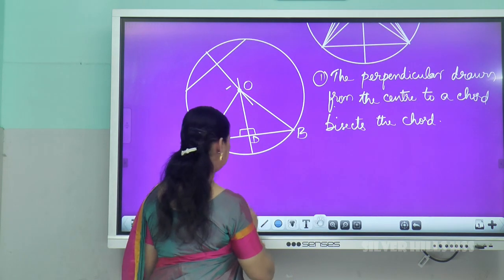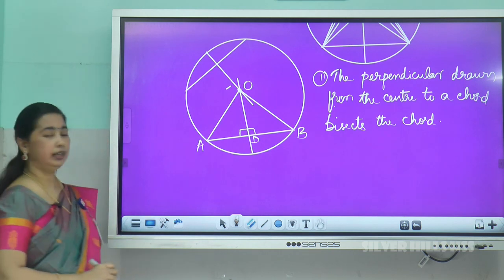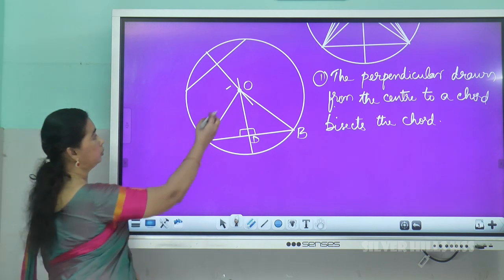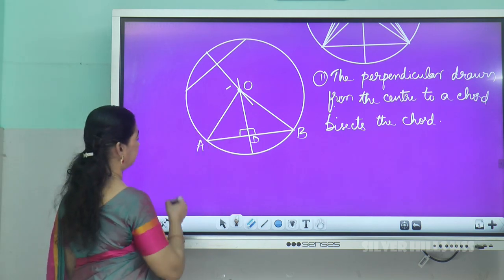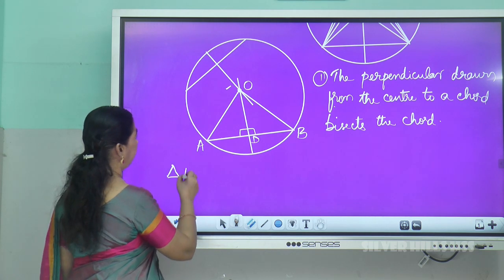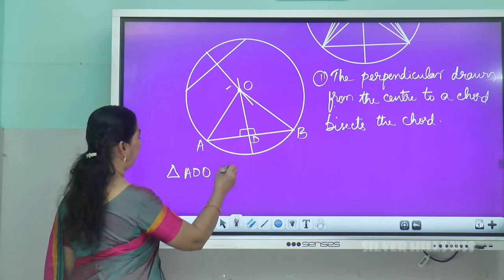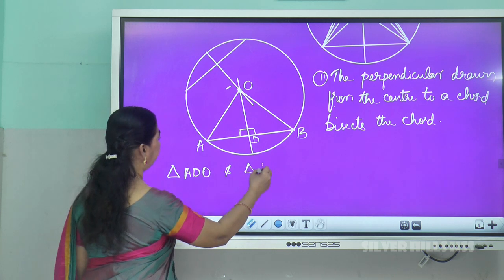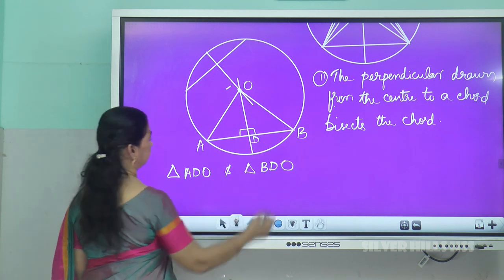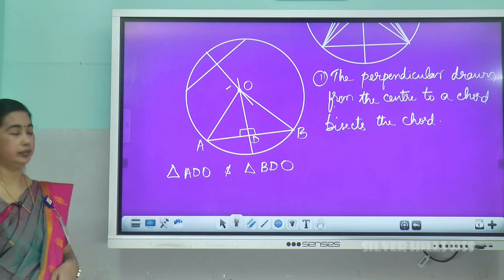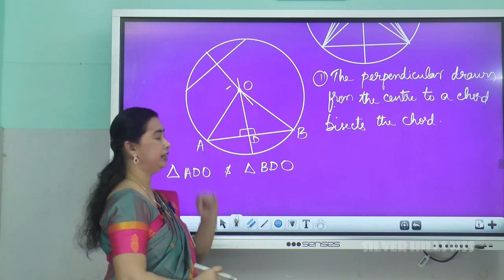So, there we can consider two right angle triangles. Which are they? Triangle ADO and triangle BDO.